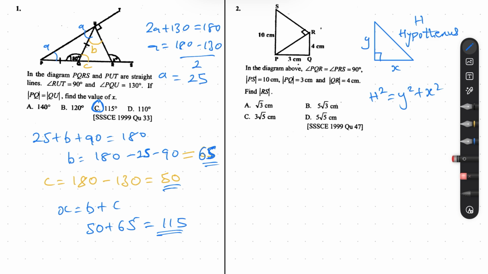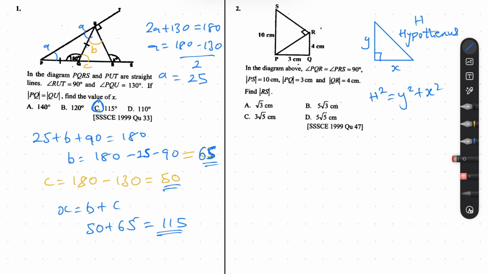So here in question 2, triangle PQR is a right-angled triangle because this angle here is 90 degrees. Not only that, we have another right angle over here, in triangle PRS, which has a right angle at this angle.